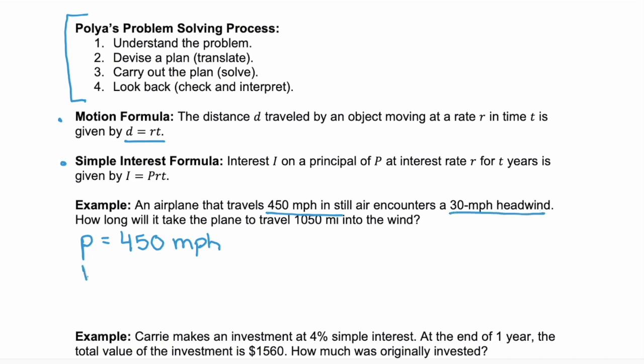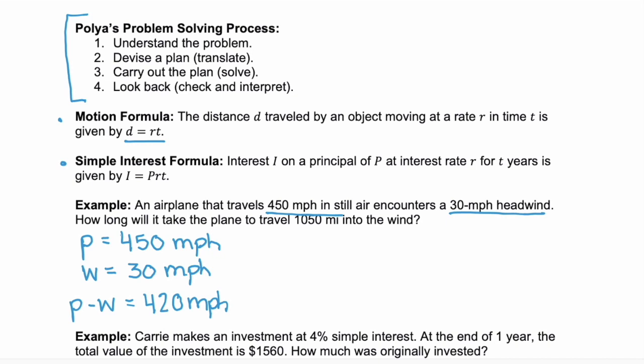Well, that would tell us if W is the speed of the wind is going at 30 miles per hour. Or the plane minus the wind would be 420 miles per hour for the speed. Right? This is a plane flying into the wind. It gets slowed down by the wind.